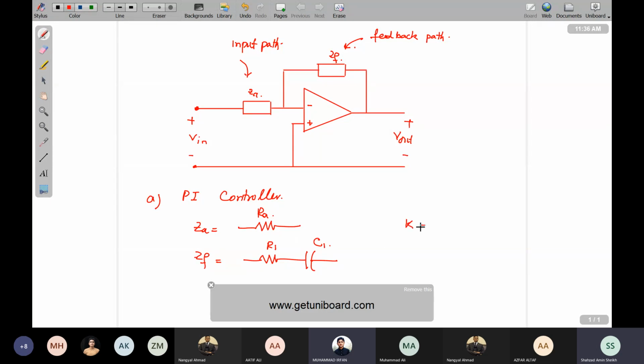So K will be calculated as R1 over RA, and A will be calculated as R1 over C1.